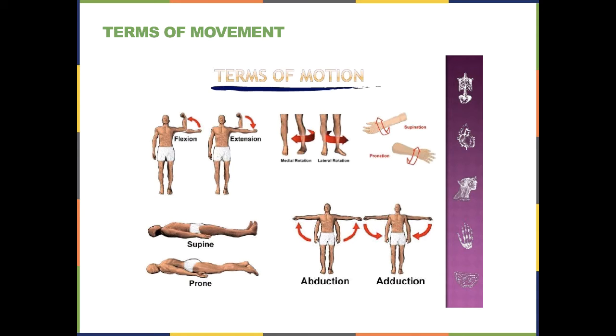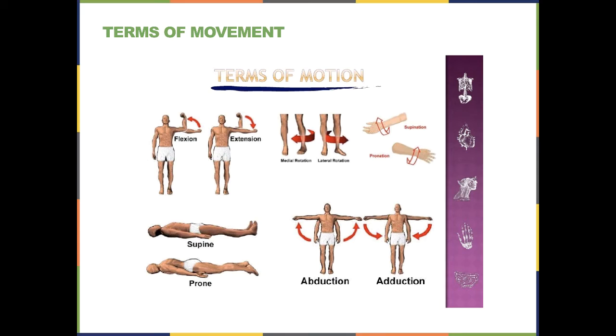But you can also call that lateral rotation and medial rotation, as long as you remember that you're in the anatomical position. Moving down in the lower right hand side, if you move your extremities away from the middle, it's abduction. If you move them toward the middle, it's adduction. Similarly with the legs, if you move your legs away from the middle, it's abduction. And if you move them toward the middle, it's adduction.